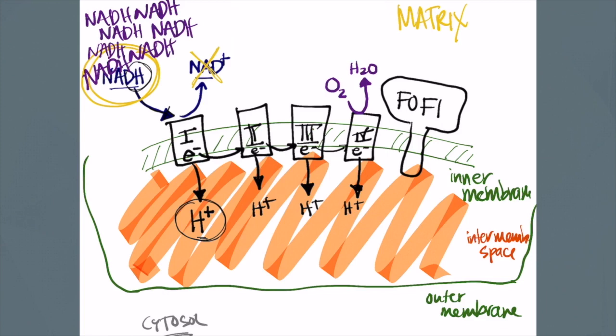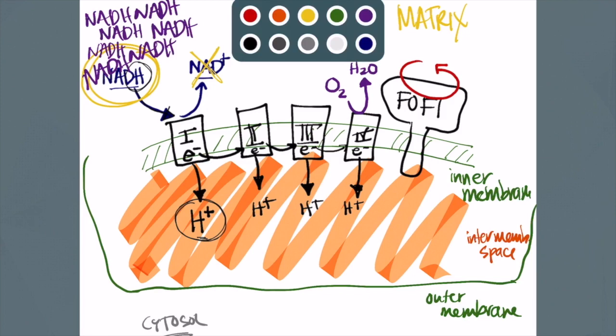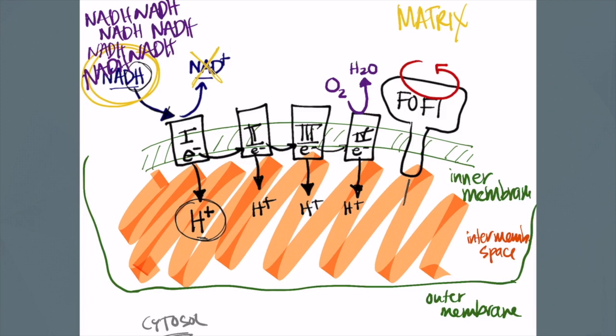This entire top of this enzyme spins on its head. And the energy to make it spin is this huge concentration gradient of all of these protons shooting through the F0F1, spinning it as it goes.